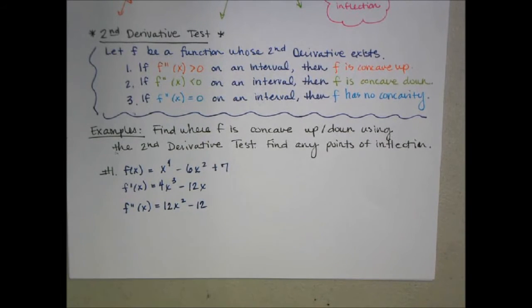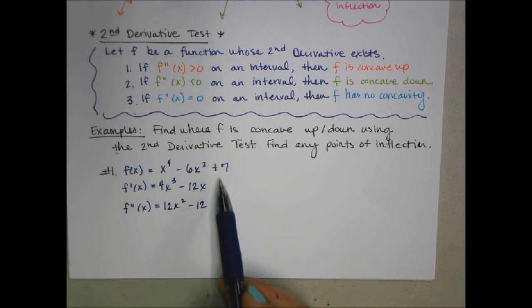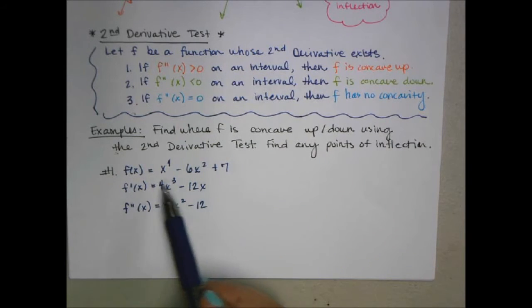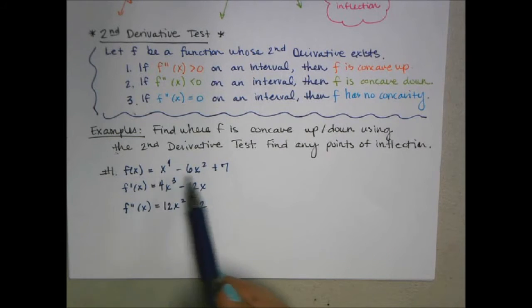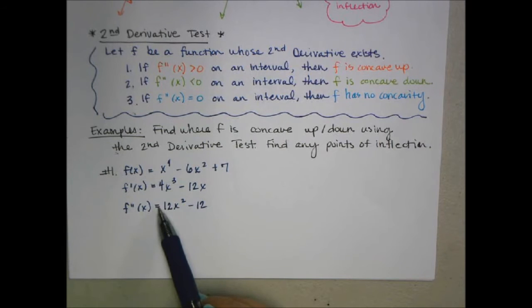Similar to the first derivative test, where we were looking for critical numbers, places where either the function wasn't differentiable or where the derivative was equal to 0, we're going to do kind of the same thing here. We're looking for anywhere our function might not exist, which this is a nice polynomial function, so it exists everywhere, and anywhere where our second derivative is equal to 0.